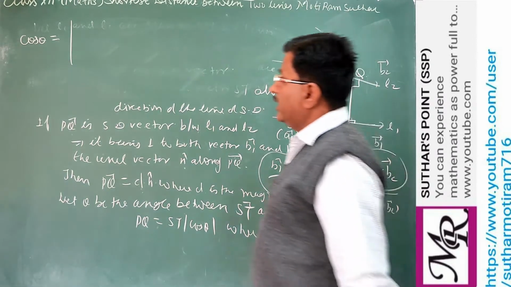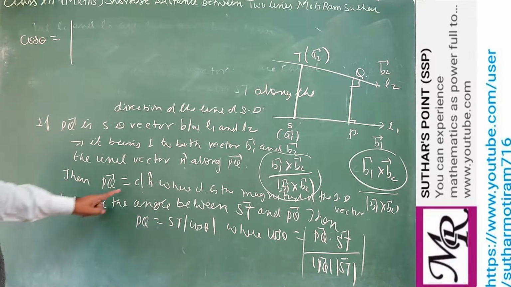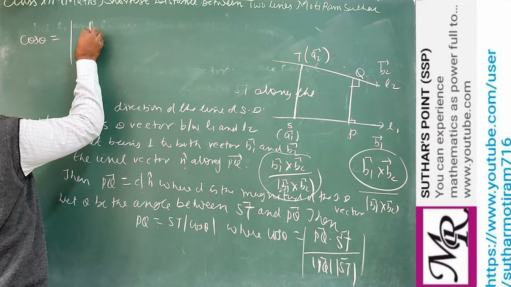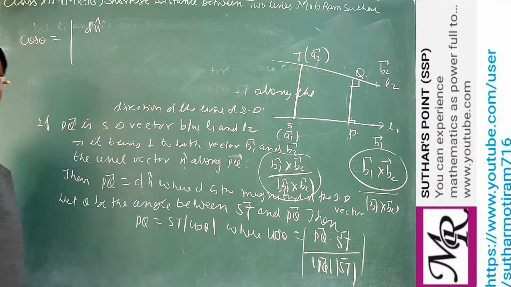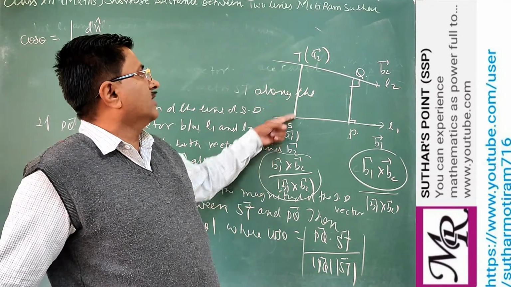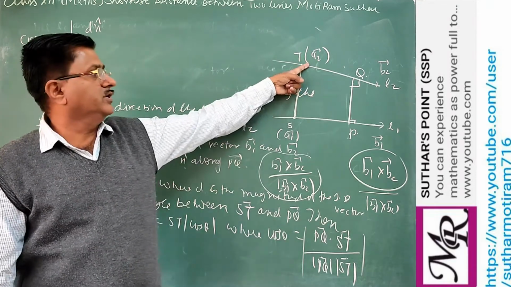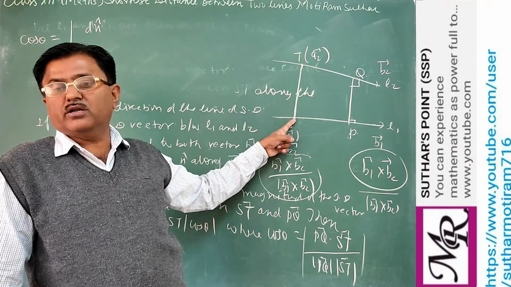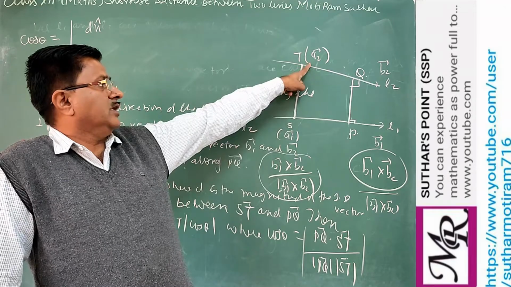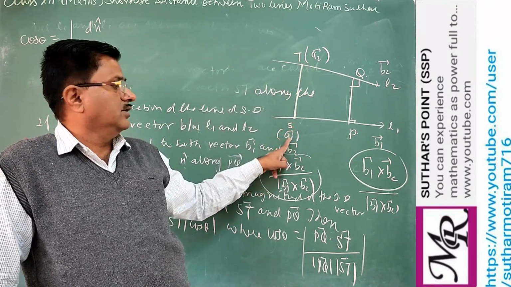So see dear students, cos theta equal to mod of PQ dot ST, and PQ we are taking as a vector. PQ vector is D n cap, and vector ST from the figure can be written as position vector of the point T minus position vector of S. Position vector of T is vector A2, position vector of S is A1.